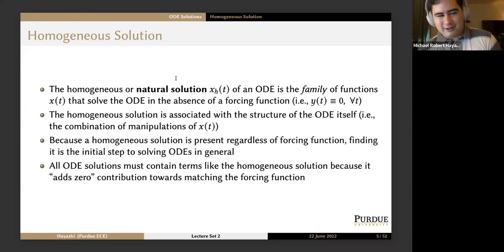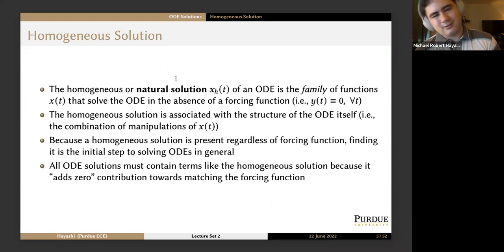And I want to emphasize this last bullet point very carefully. Because the homogeneous solution solves the differential equation when the left-hand side is equal to 0, and this is a linear differential equation where superposition applies, you can think of it this way: the particular solution must be whatever it ends up being, but we can always add this family of functions from the homogeneous solution to both sides of the equation.